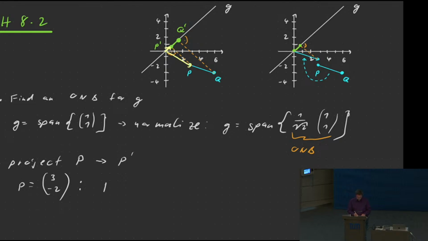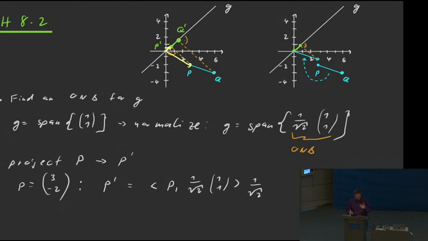Okay, so what we want to do here is we want to compute this P prime, and we get that by computing the scalar product between P and our ONB of G, or one of those vectors.